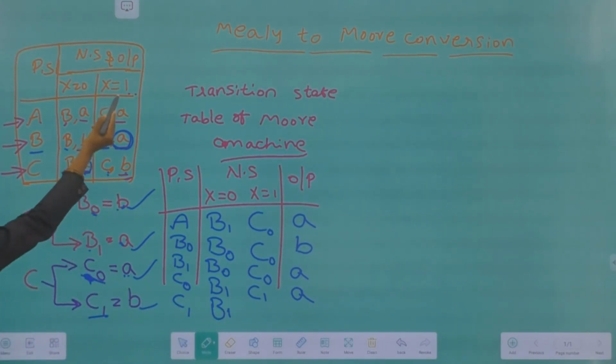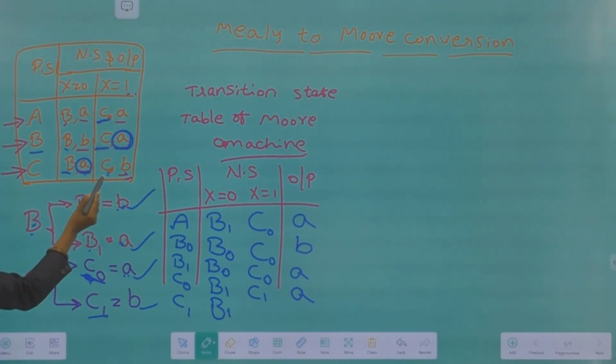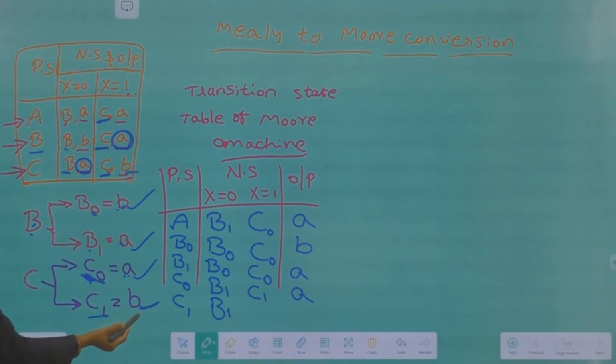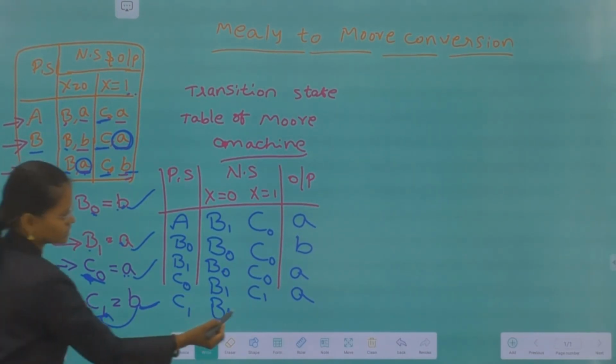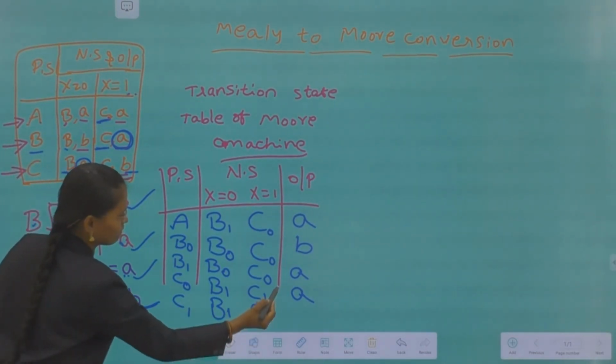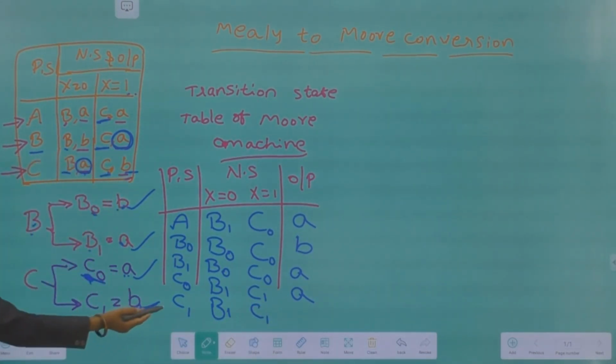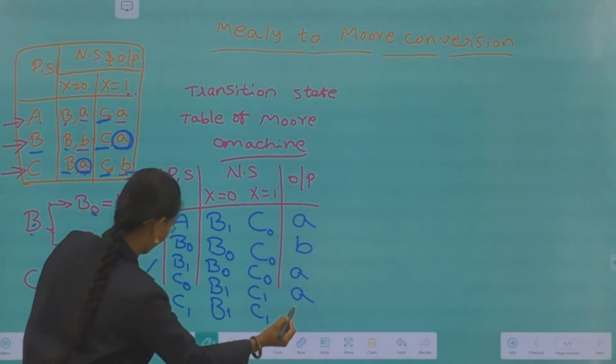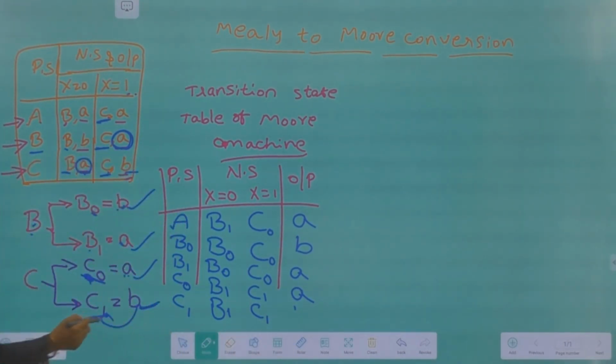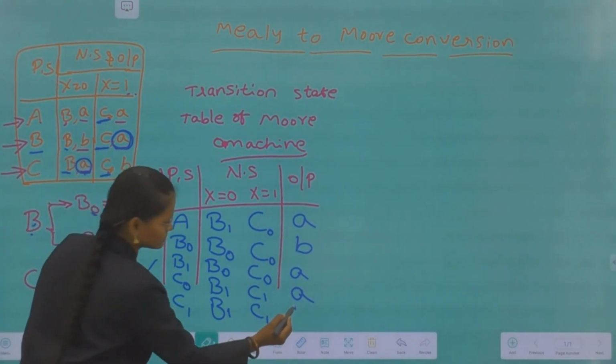And next, if x equal to 1, the next state goes to C. In C state, output is B. Here the corresponding state is C1. So C1. In C1 state, the output is B.